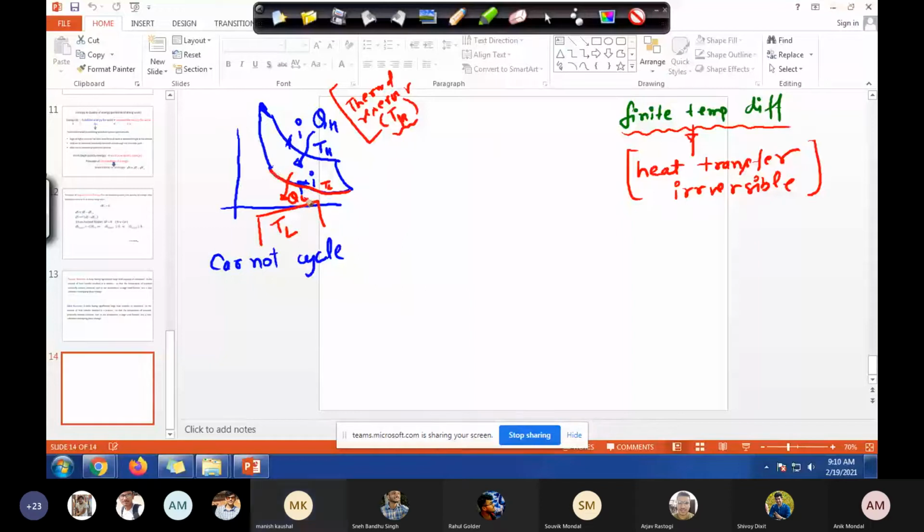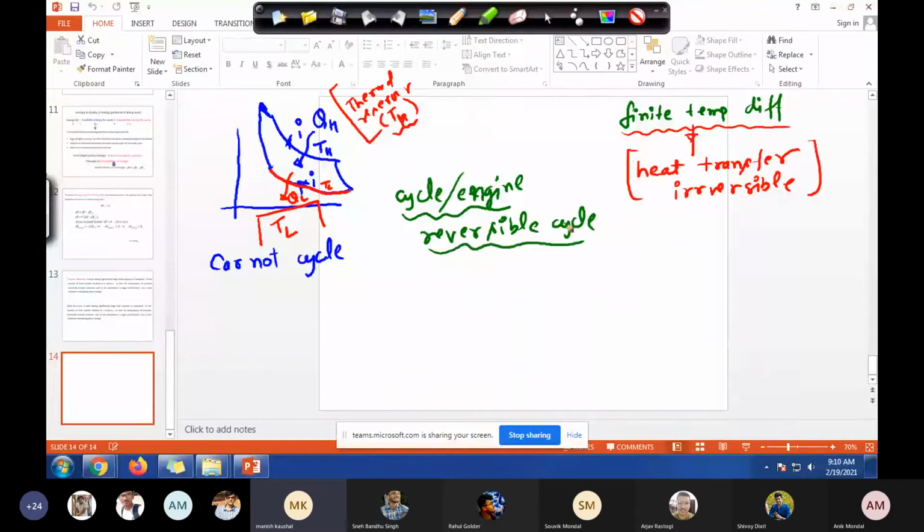Now you see this thing very clearly. Let's talk about the cycle first, so that there is no scope of confusion. So first we'll talk about the cycle or engine. All the curves are solid line. So what I am claiming is, it's a reversible cycle, isn't it? Reversible. Good.